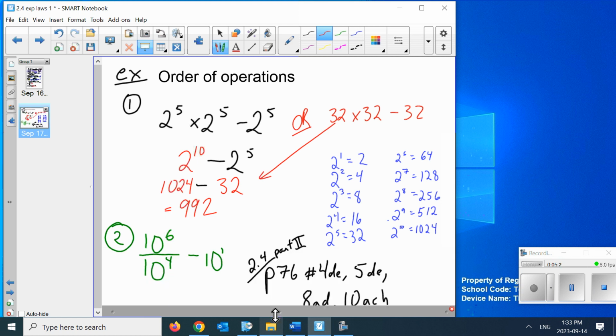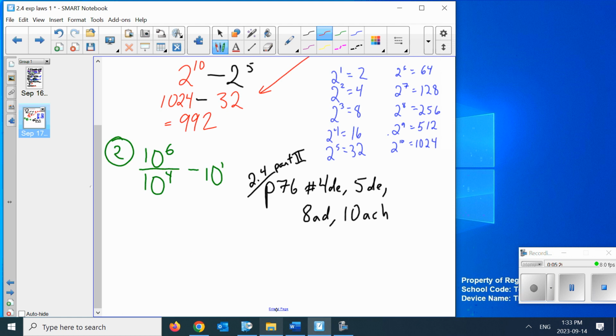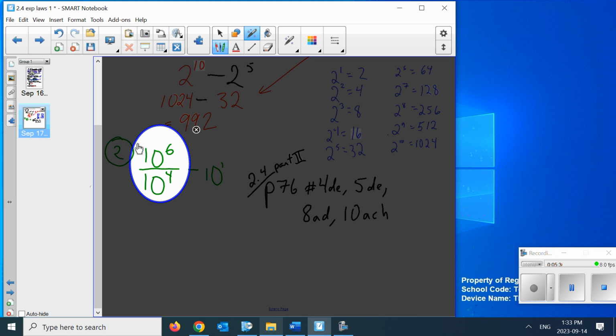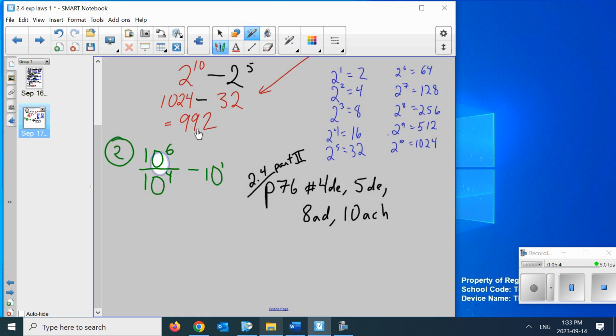How about this one here, and then we got another portion. Brackets, exponents, etc., right? But you can ask yourself, do I want to get 1 million and divide it by 10,000? Or I can make it smaller right off the bat, because we know how to deal with exponents within division.